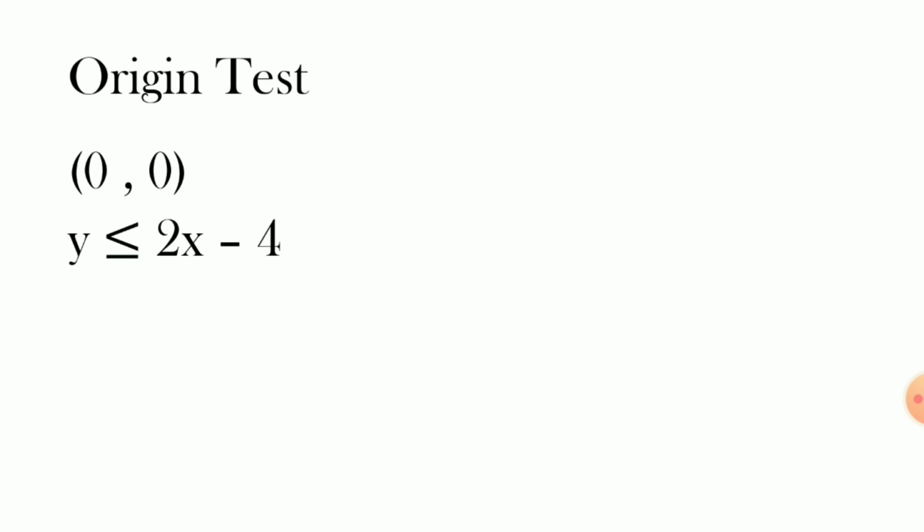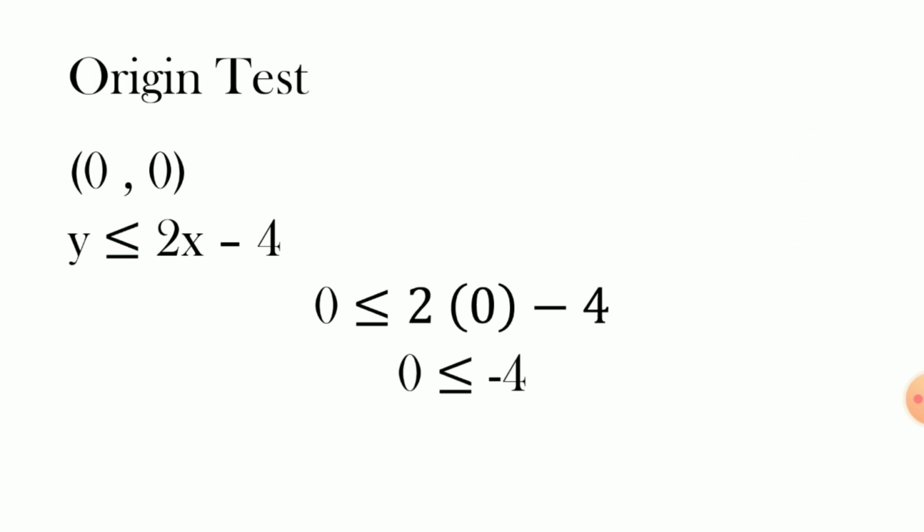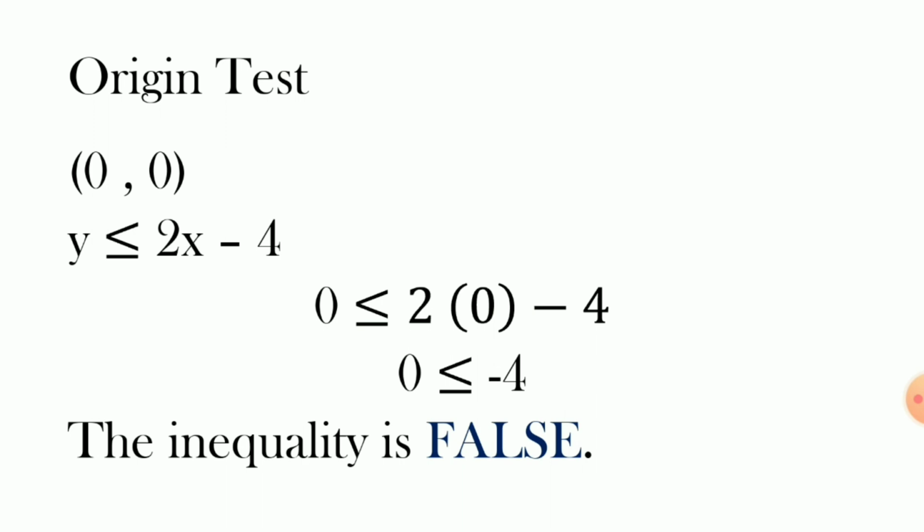So we have the inequality y is less than or equal to 2x minus 4. Let us replace the values of x and y with 0 and 0. So that is now 0 is less than or equal to 2 times 0 minus 4. Then evaluate further. That is now 0 is less than or equal to negative 4. So our inequality is false.